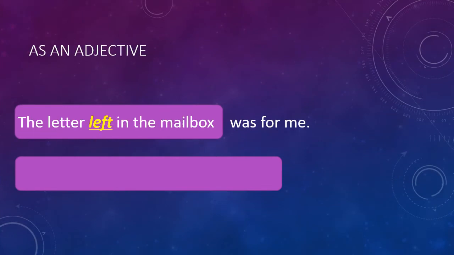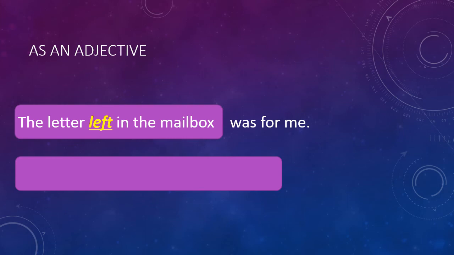Let's take a look at the examples of past participle as an adjective. The letter left in the mailbox was for me. Now, if it is an adjective, then the sentence has to have another verb. So in this one, the verb of the sentence is was.